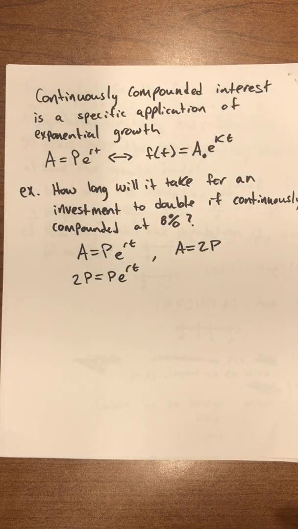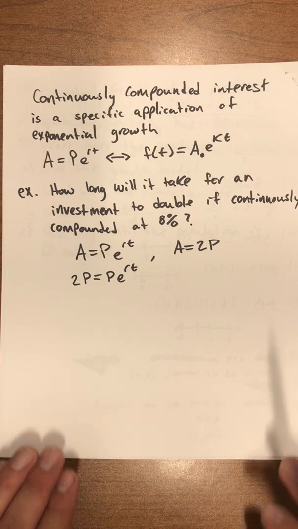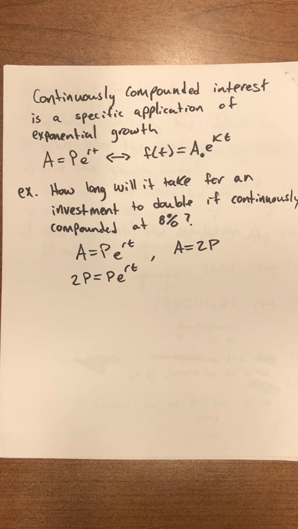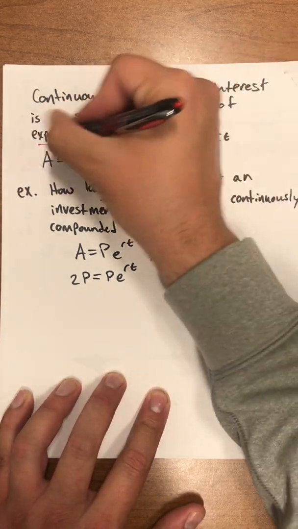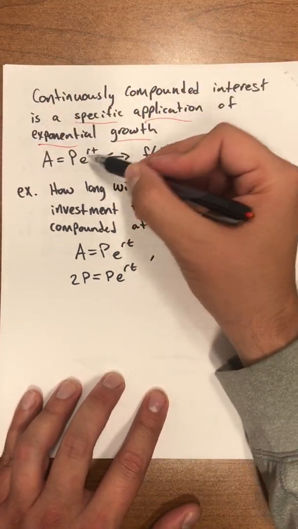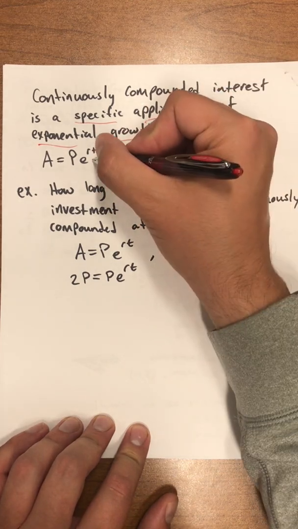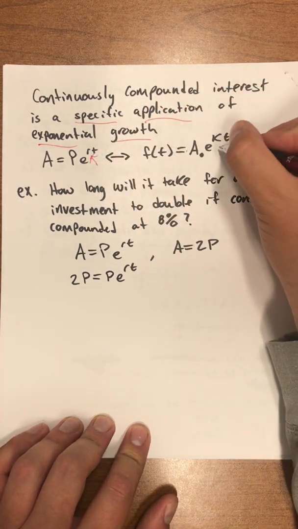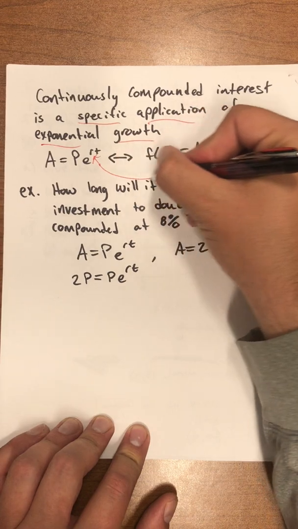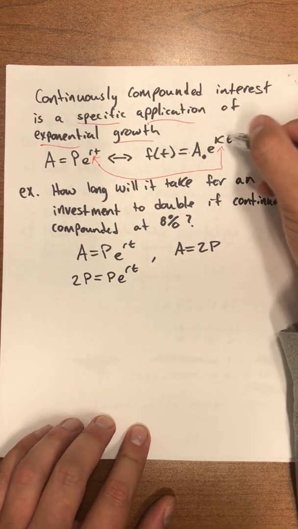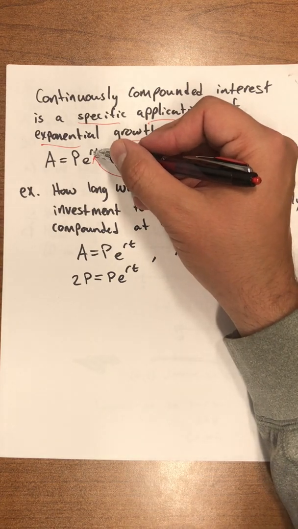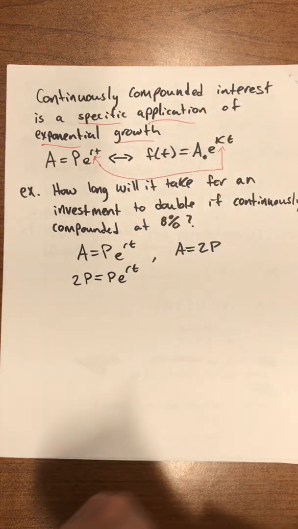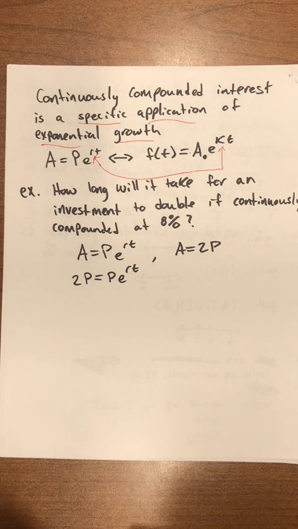So what I want to bring to your attention is that continuously compounded interest is just a specific application of exponential growth. So A equals Pe to the rt. That constant k in our exponential growth model is the same as r, specifically in finance, where r stands for the interest rate. t is still the independent variable, and f of t is the dependent variable.